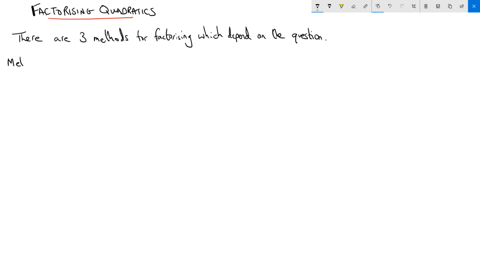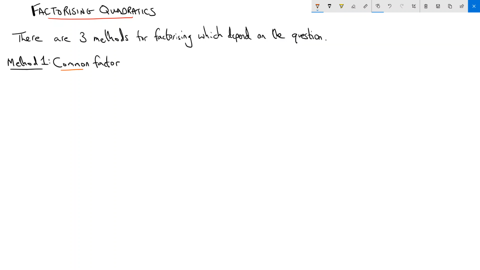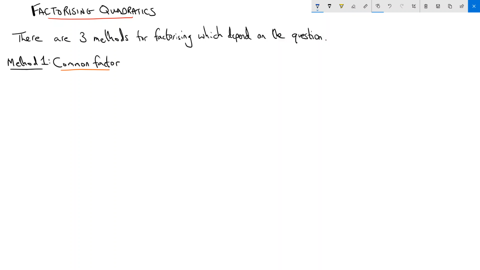So method 1, we have done, or you've done it before. It's what we looked at, and it is the common factor. So we'll do an example with common factor.